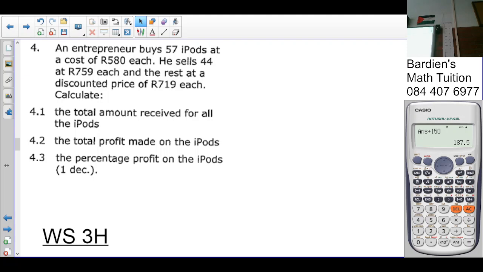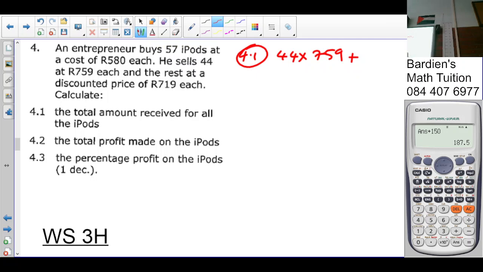So to work out this total here, I must say he sells 44 times 759 Rand plus the rest. 57 minus 44 is 13. So it's 13 times 719 Rand.